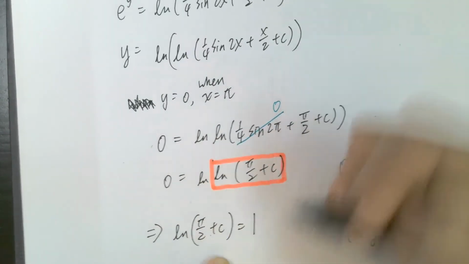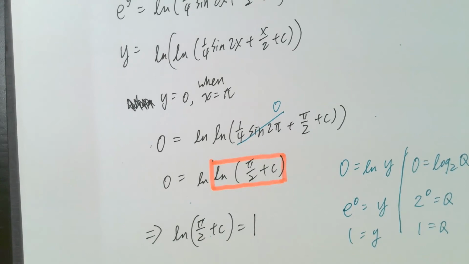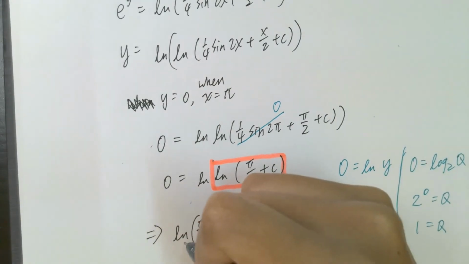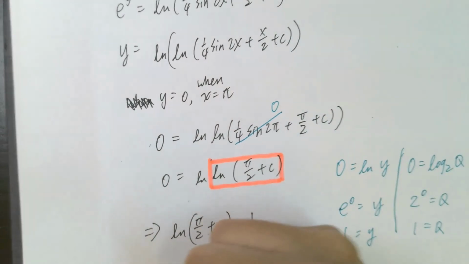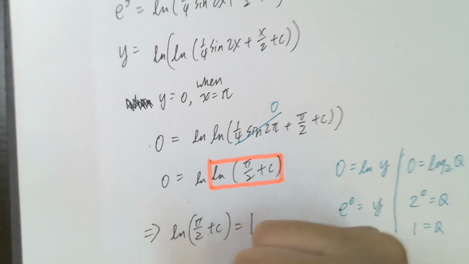So this is our knowledge of logarithm. Then the other question is, what does this mean? It means this is logarithm of base e, which means that e to the power of 1 is pi over 2 plus c.